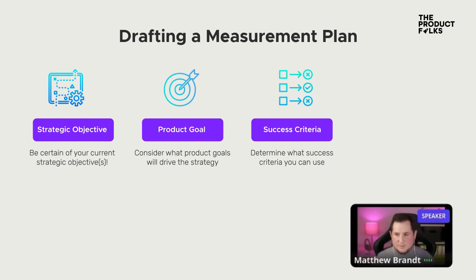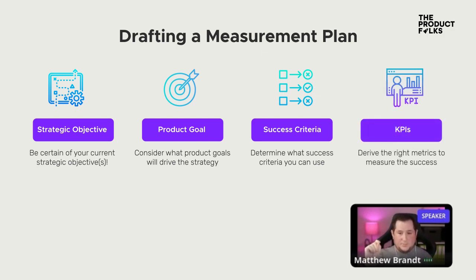So then I need to talk about my KPI. If I have a success criteria, then I can decide what I need to measure. Specifically, the thing that I need to measure in my product analytics tool or in my analytics tool. So my key performance indicators or metrics: number of service requests, average resolution time per service request.